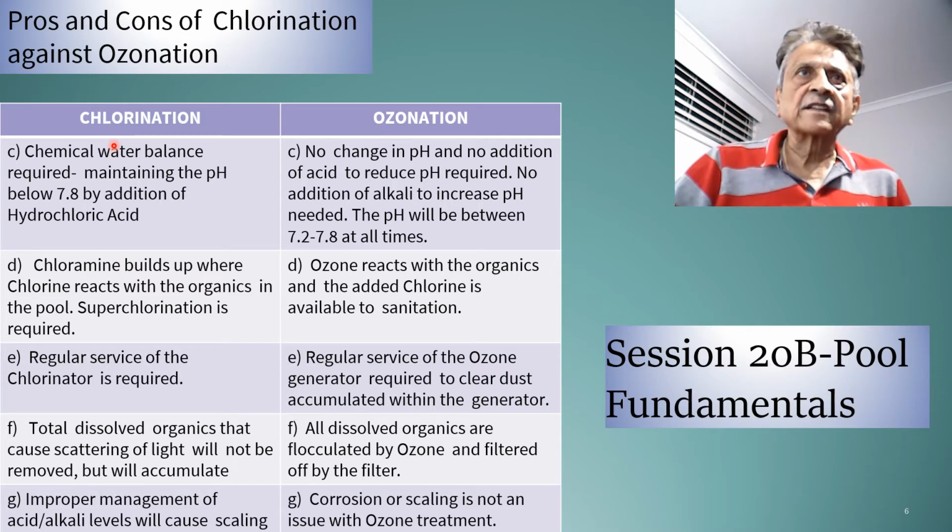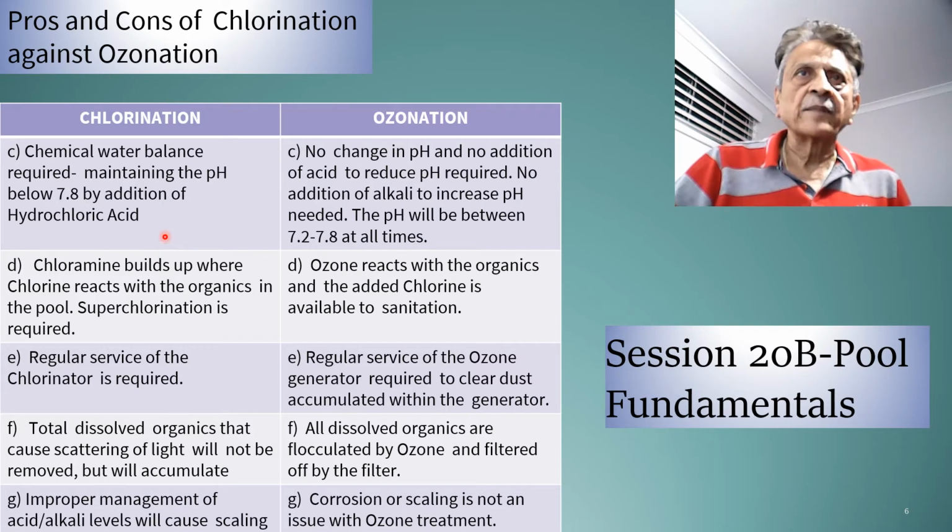With chlorination, chlorine always reacts with the organics to form chloramines, which slowly build up over a period of time, depending on the number of people using the pool. The more people who swim, the faster the chloramines are formed.